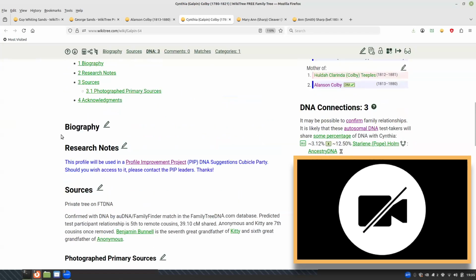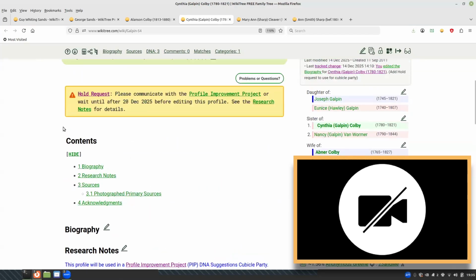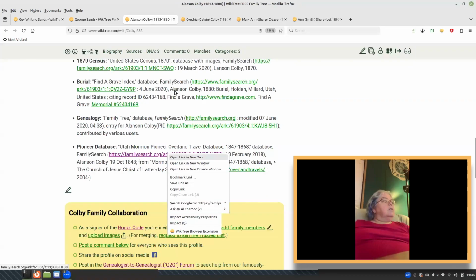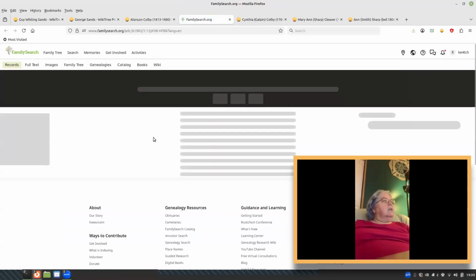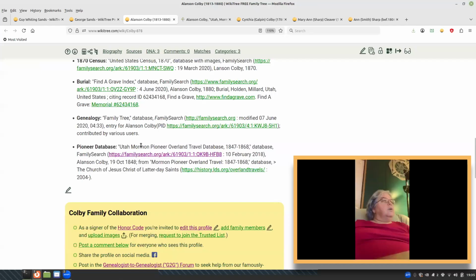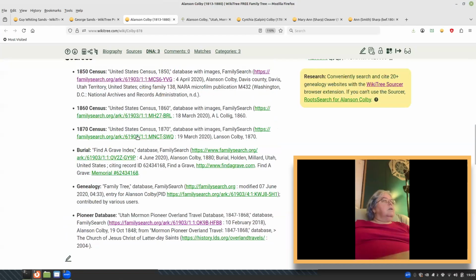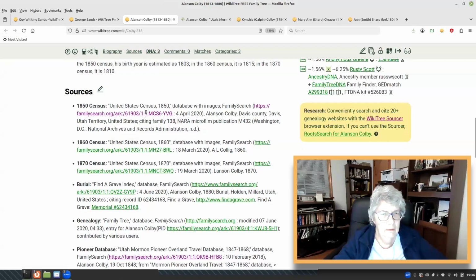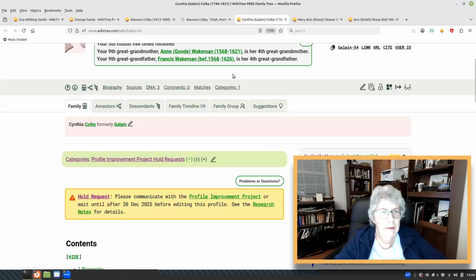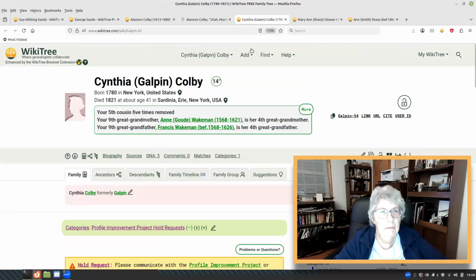It says there was a photographed source, and there was a link to this, but it doesn't show any parents. And his mother was dead by when? 1821.